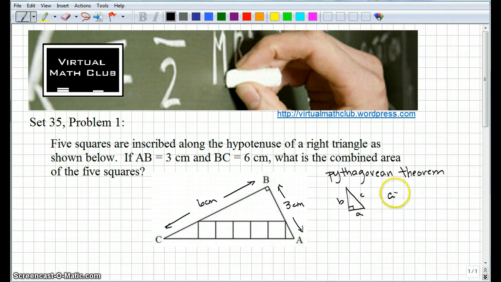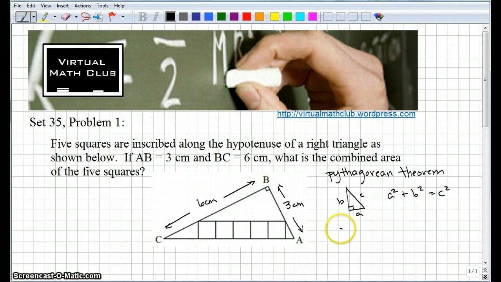So it's A squared plus B squared equals C squared. So if you know two sides of a right triangle, you can figure out the third side using this equation.